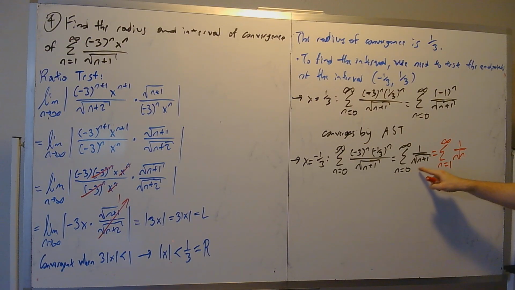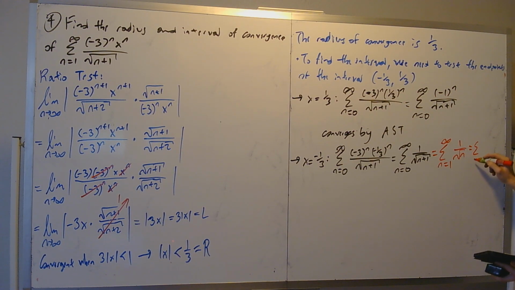So reindexing this starting part is the same thing as getting rid of that n plus 1. That's a little bit technical, but it turns out this gives you the sum from n equals 1 to infinity of 1 over n to the 1/2.